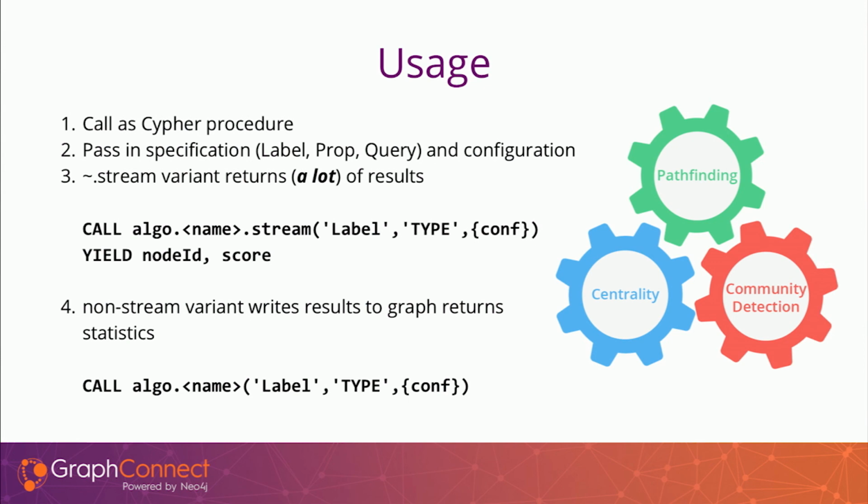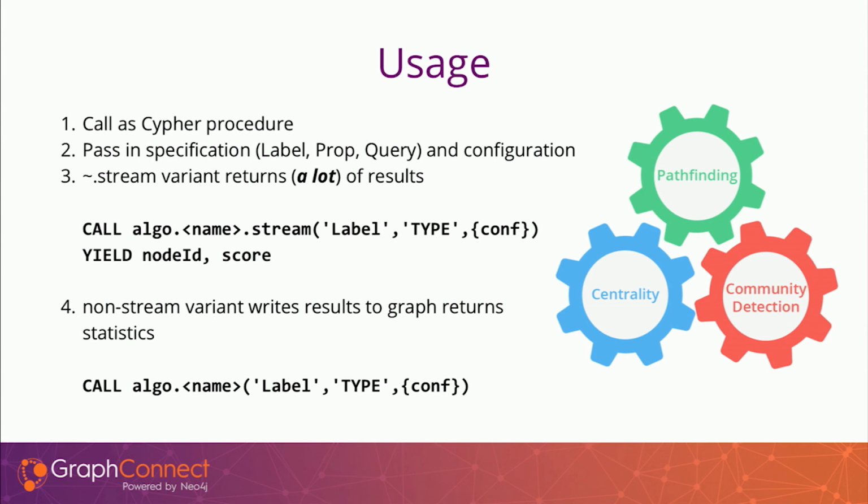Basically, we have two ways of doing that. One way is that the algorithm streams results back to you. Imagine you run something like a centrality algorithm. It would return each node with the ID and the centrality score computed for the node.